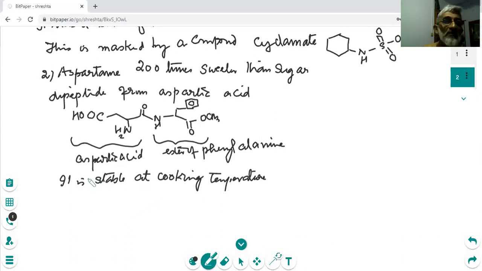Oh, sorry, it is not stable at cooking temperature. It will lose its sweetness, so you cannot cook the material.